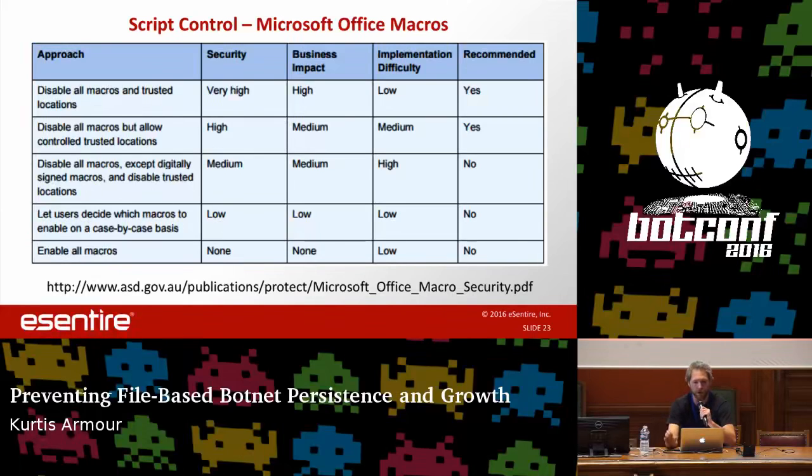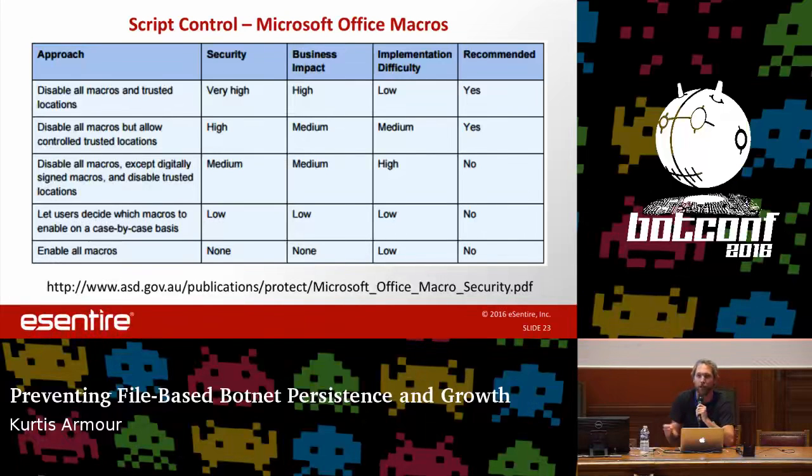So this is a chart of some configuration recommendations related to security policies. Disabling macro policies is only effective if you can turn off the security notifications. Disabling it and allowing someone to re-enable it because they get tricked by an image that says, hey, re-enable this document, it's not really good security.